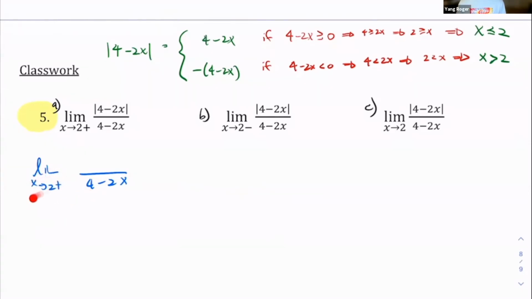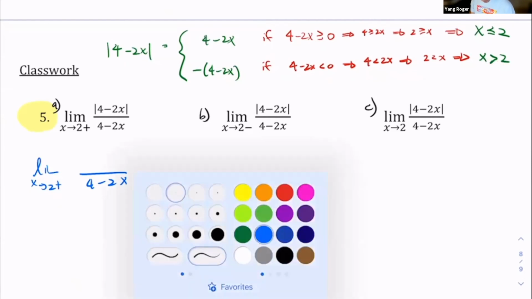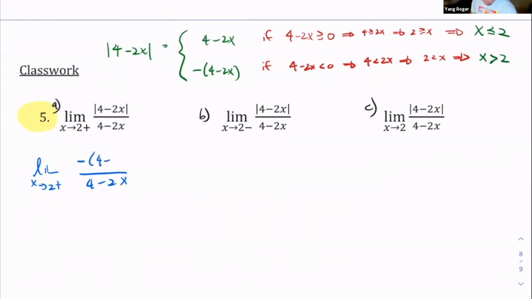That's right, you use the bottom one, because we're plugging in numbers bigger than 2. So numbers bigger than 2 is the bottom one. So this becomes -(4 minus 2x), and these cancel each other out. So your first one is going to be -1.